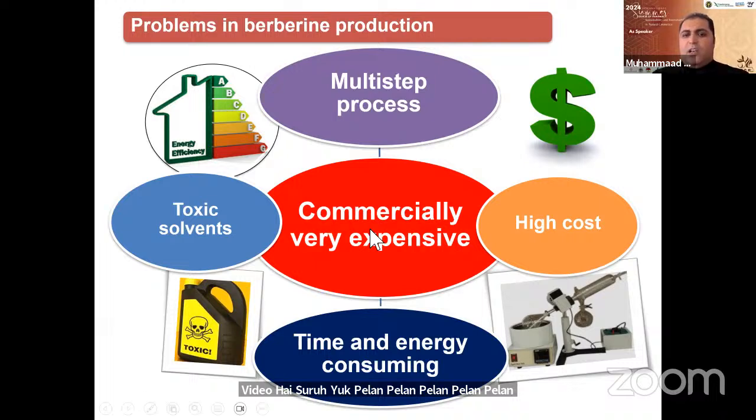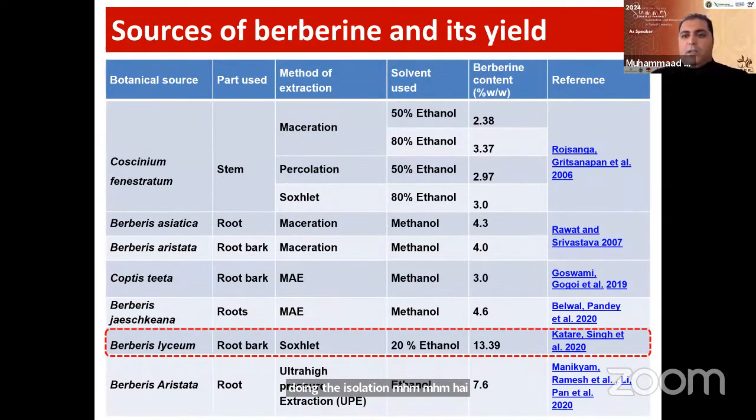There are the commercial expenses, the multi-step process, and the toxic solvents: if you do isolation, you will have to use a huge amount of organic solvent, which has an environmental impact. And of course, the time and energy consumption during isolation of berberine ultimately leads to a high cost of the final product.